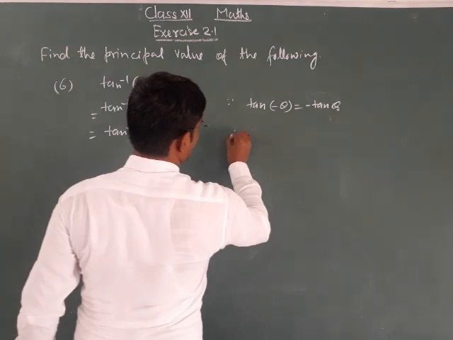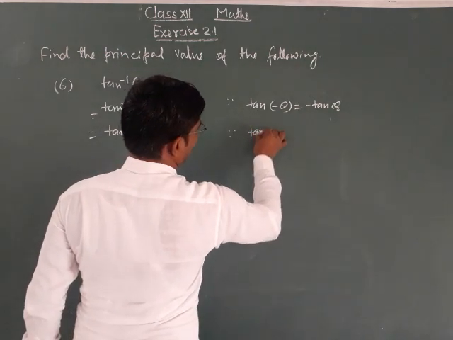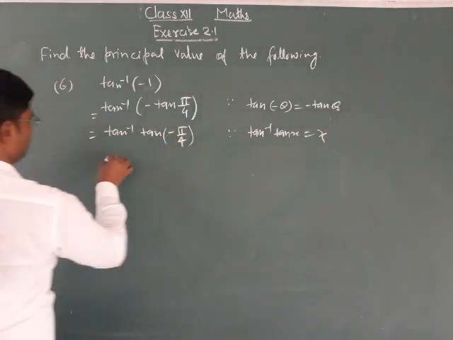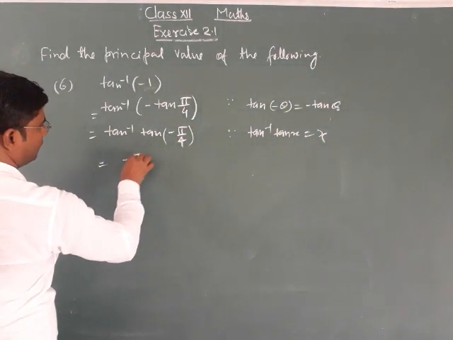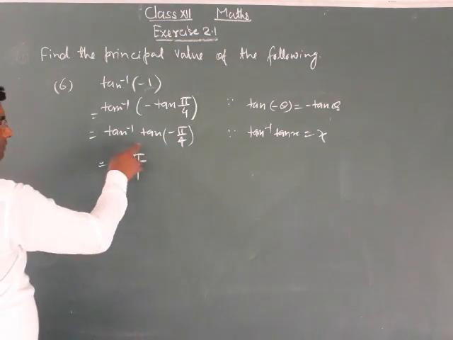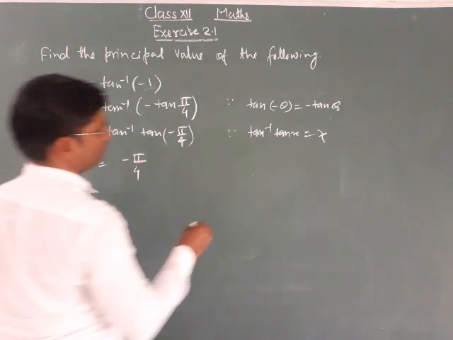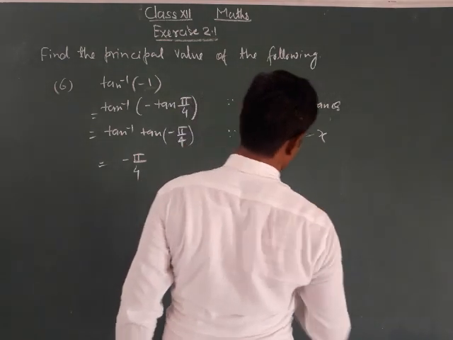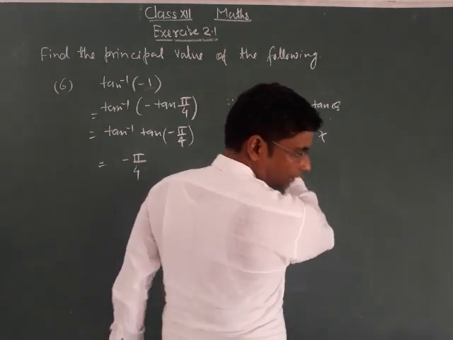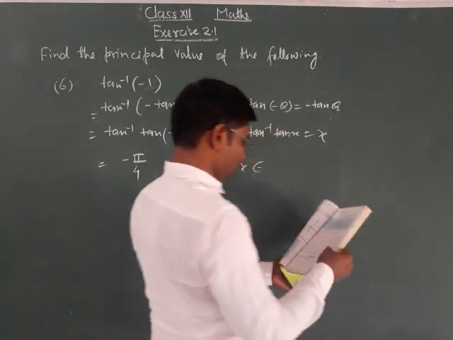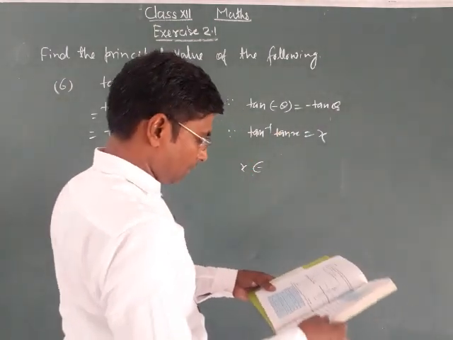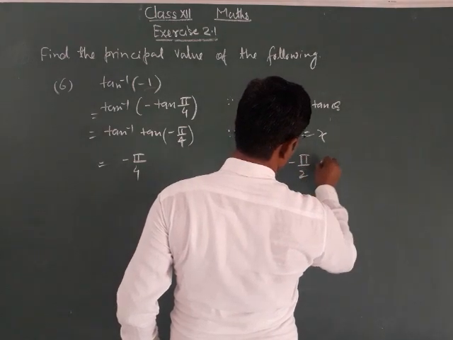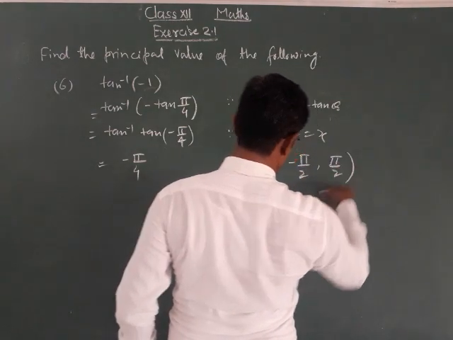Since we know that tan inverse tan x is equal to x, we can write minus pi by 4. The principal value lies in x belonging to minus pi by 2 to pi by 2.